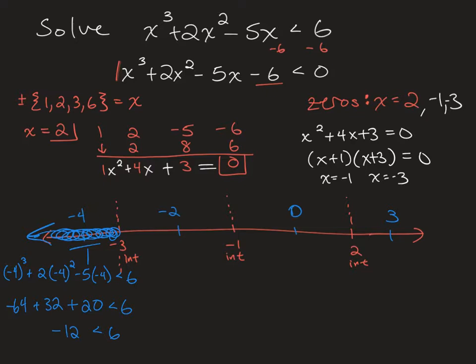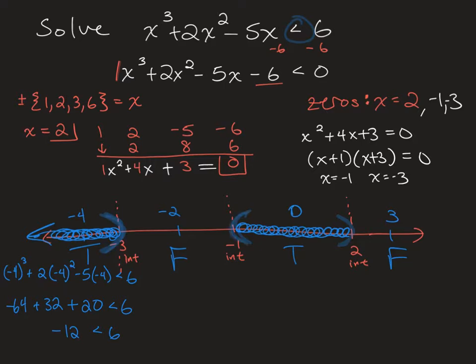And then you'll go through and rinse and repeat for all of these other intervals, and you'll get a number line that looks like this. You know that you'll be using parentheses here because you have a less than, so you're using parentheses.